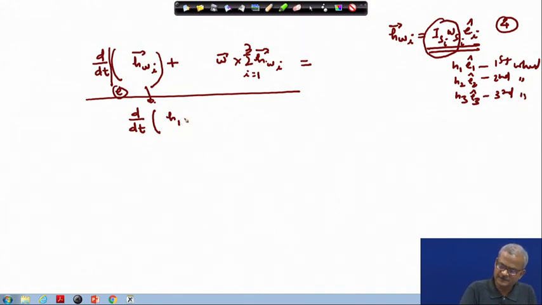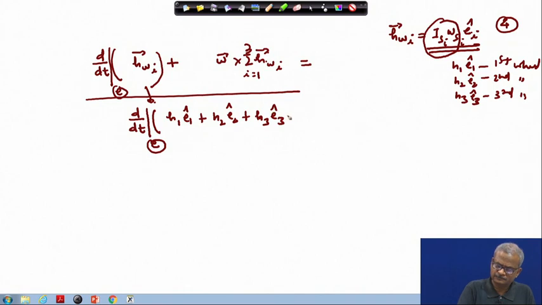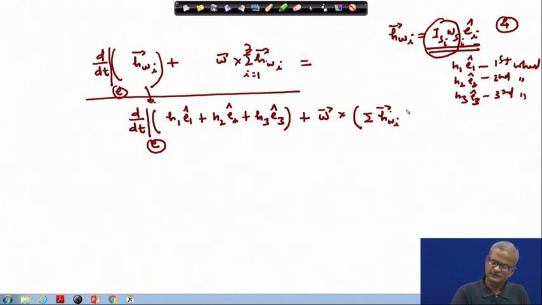Following that notation, this becomes h 1 E 1 cap, and this differentiation stands with respect to the body axis, h 2 times E 2 cap, omega cross this summation of all the terms. So, summation h w I, let us write for the time being like this.